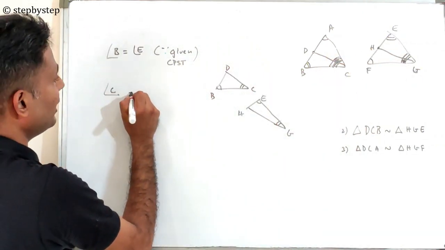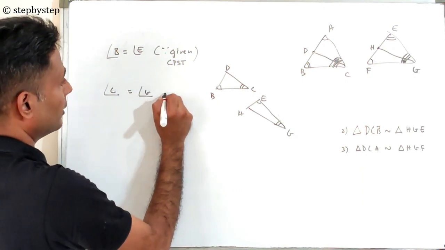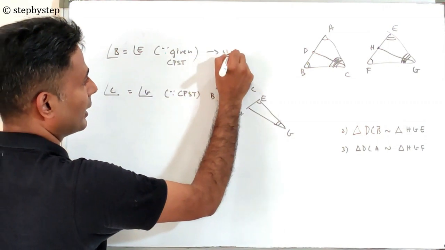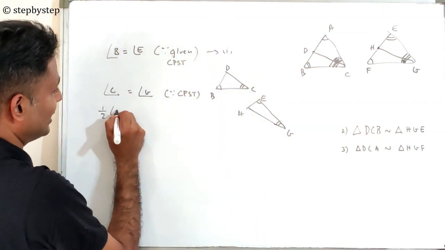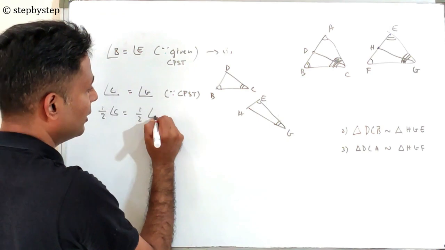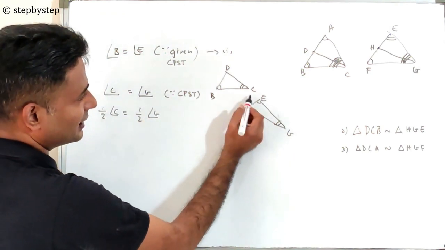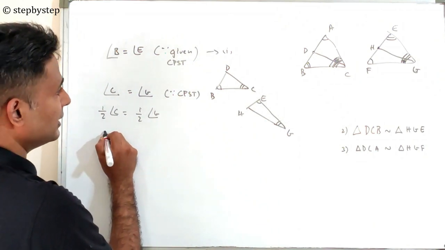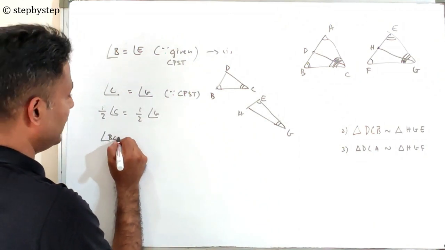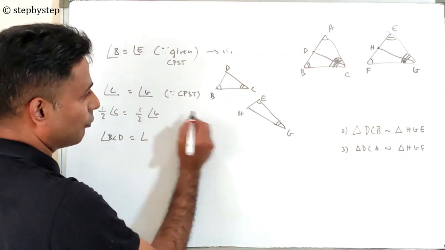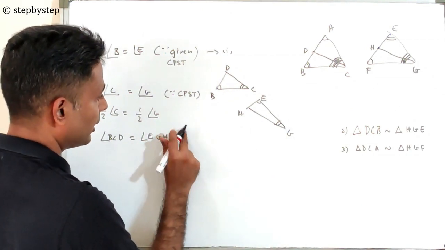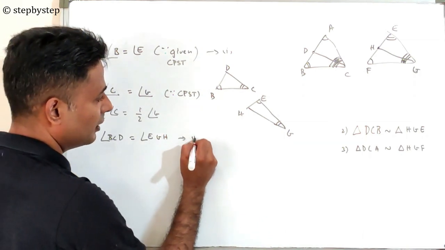Angle C equal to angle G. Why? CPST. We can write this as 1. Therefore, half of angle C equal to half of angle G, which means angle BCD equal to half of angle G, which is angle EGH. We got this. So this is our second thing.